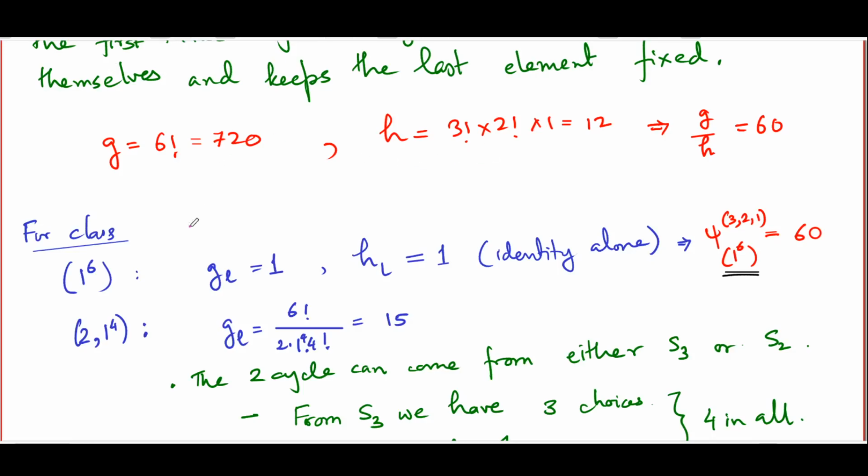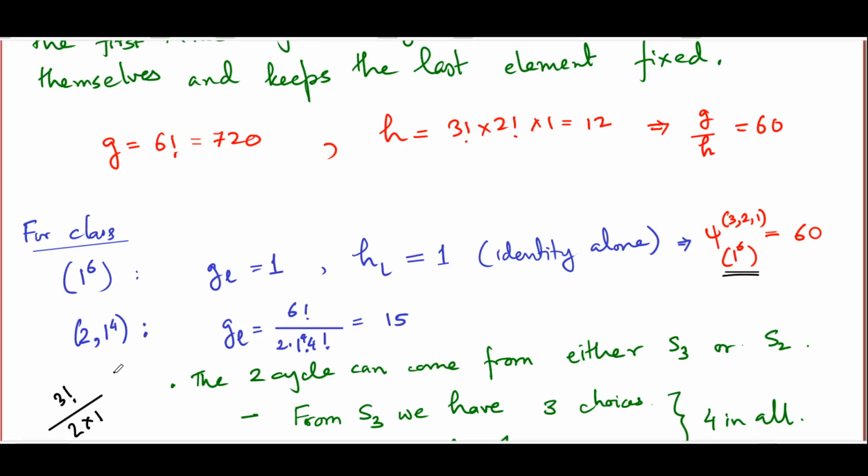The other way would simply be to look at the fact that we are looking at S3 and the number of permutations in that which has exactly one 2-cycle and one 1-cycle, which is of course what we need here from S3, must be this. So that's of course 3.